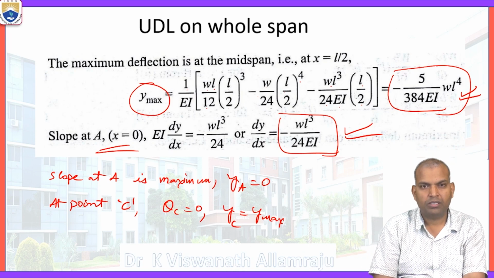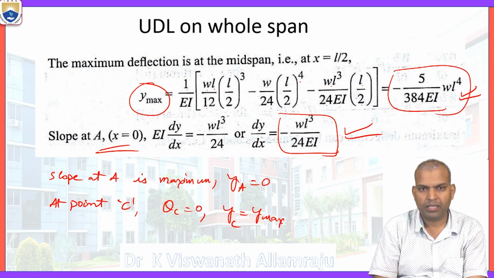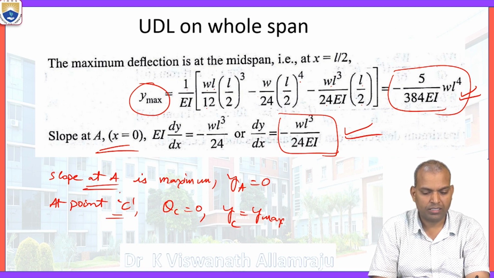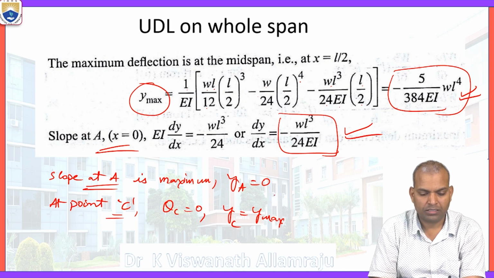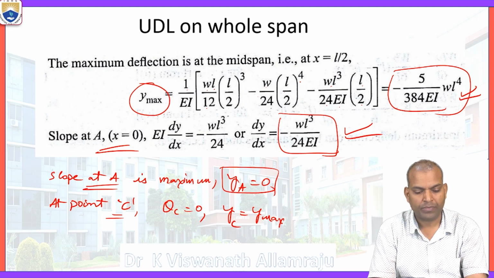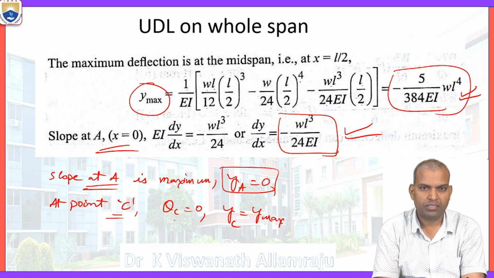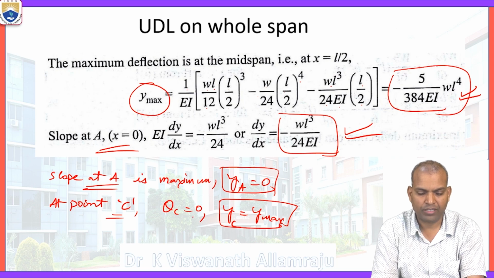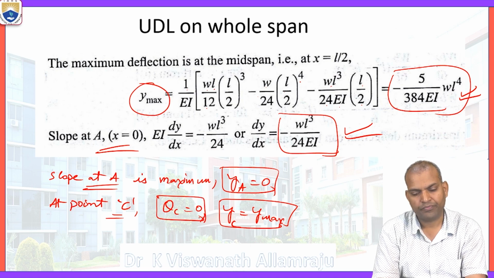At support A there is a slope, but the deflection is 0, since it is a support and there is no deflection. But at the midpoint, where x equal to L/2, the deflection becomes y maximum. But what about slope? The slope becomes 0.